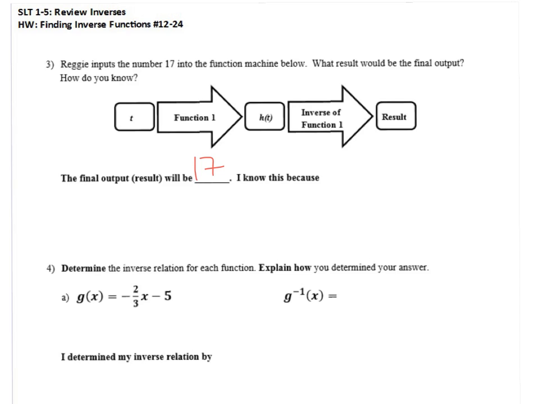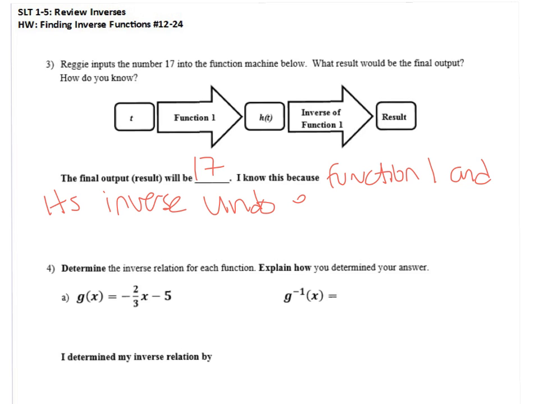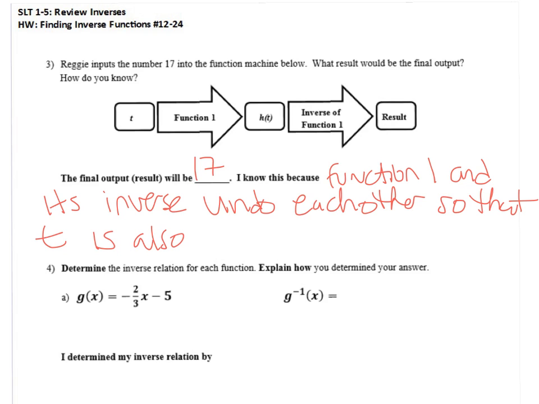I know this because a function and its inverse undo each other, so that 17 is also the final result.